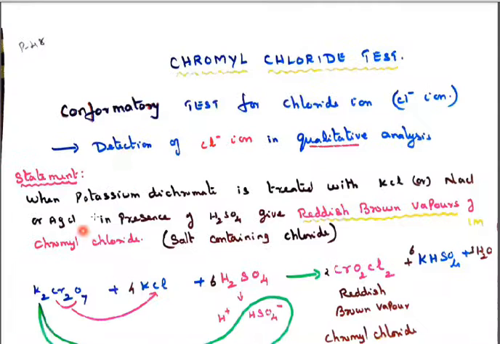You should write: when potassium dichromate is treated with any chloride-containing salt, potassium chloride, sodium chloride, magnesium chloride or calcium chloride, in the presence of H2SO4, a reddish brown vapor comes out. That is called chromyl chloride. The reddish brown vapor is the formation of chromyl chloride, which is produced by the salt containing chloride.